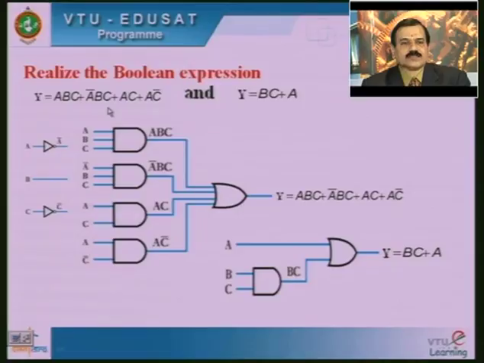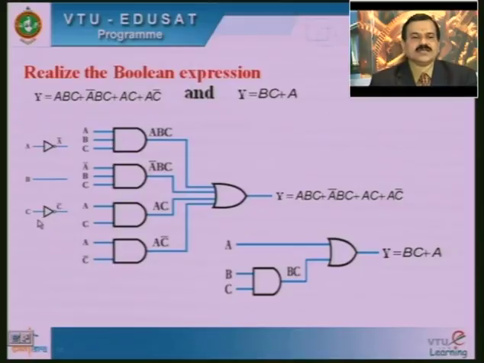Coming to the next part, here A complement, B and C are there. Before feeding the A value into this AND gate, it must be complemented by using the NOT gate. That is why the NOT gate symbol is also given here, because B is not complemented in any part of the equation; only A complement and C complement are there.